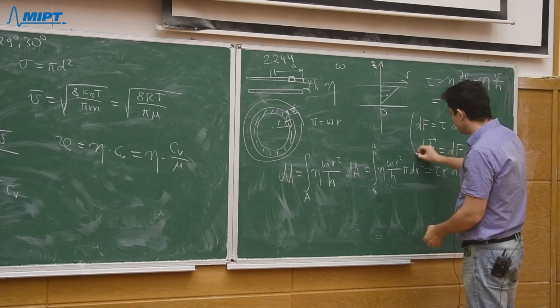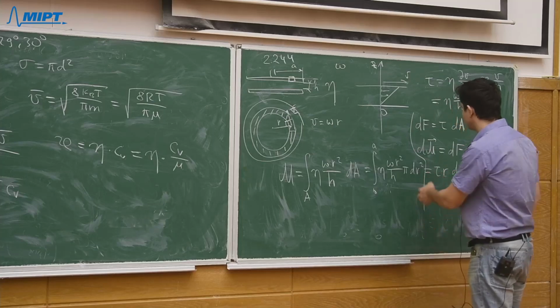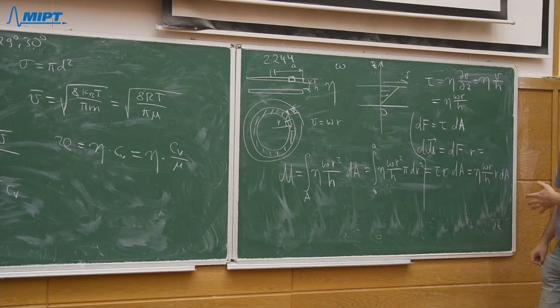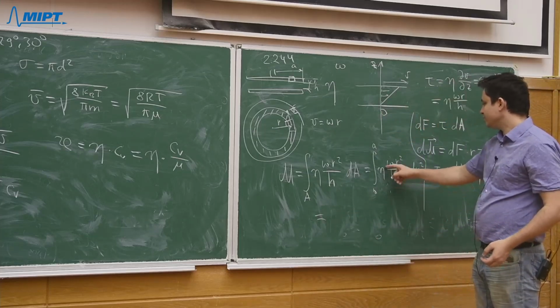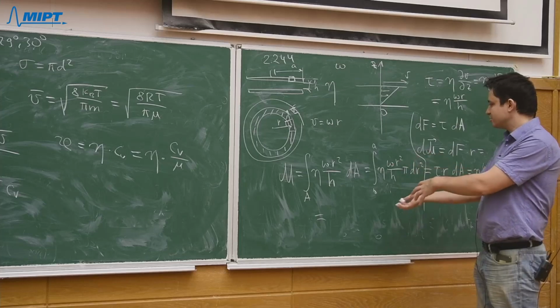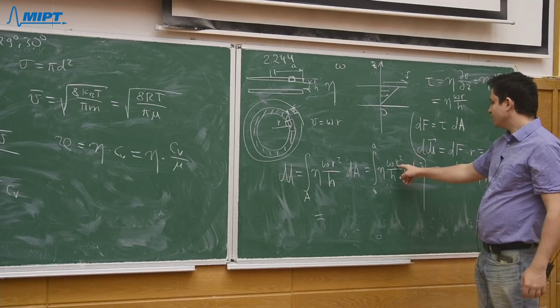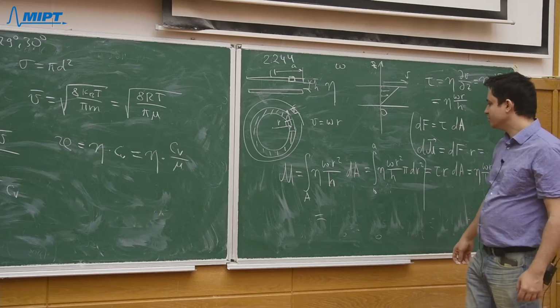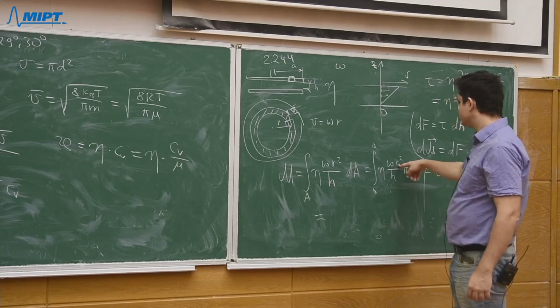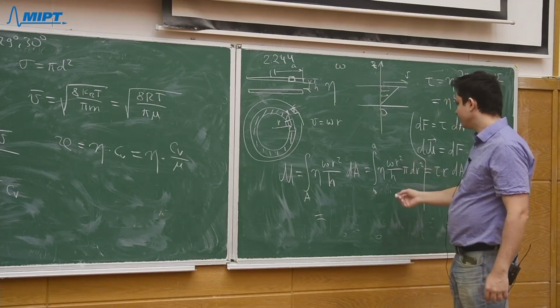And I also need to separate this integral from our previous calculation from the element of moment. So now I just need to calculate an integral. I take the constants outside of the integral and then integrate r squared dr squared. That would give me r to the 4 over 2.